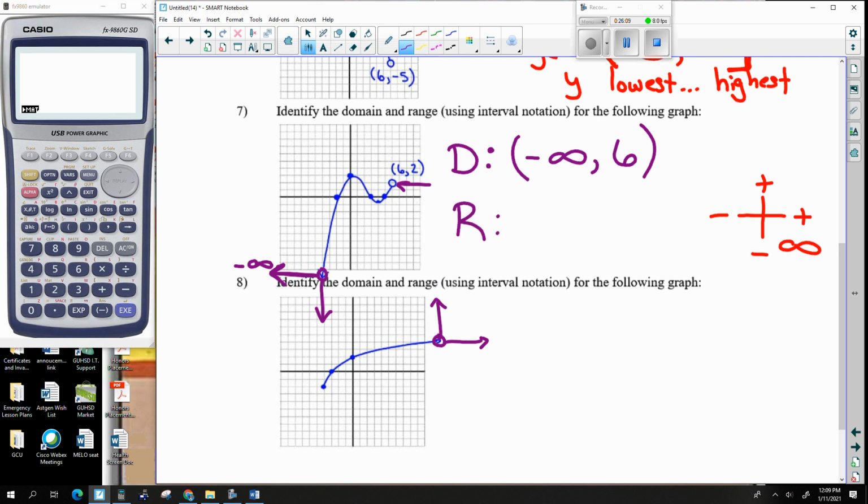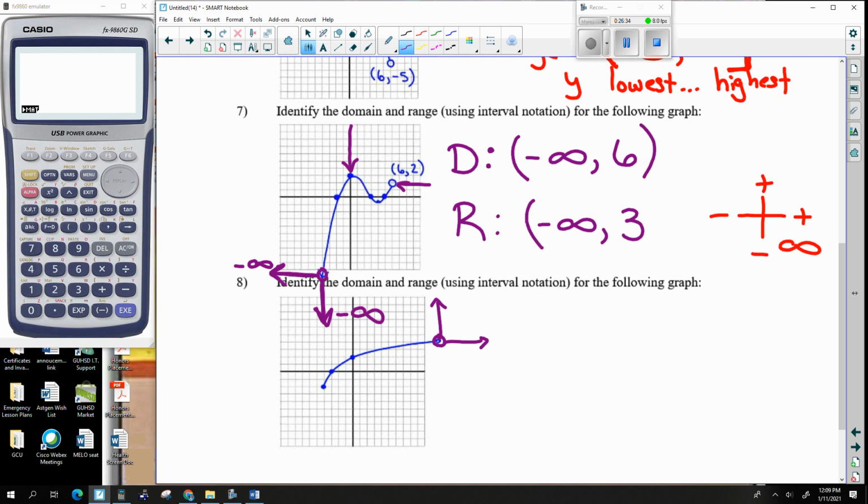Okay, the range, the bottom. I have an arrow, and that trumps all. That takes charge of everything. So the lowest thing will go is negative infinity, and the highest is technically that dot right there. It's not at the 6, 2. It's technically right there, and that has a height of 3. Will it get to the infinity? No, it won't.